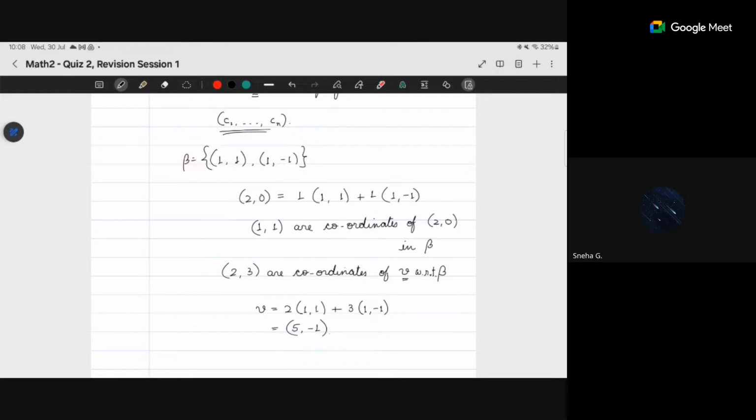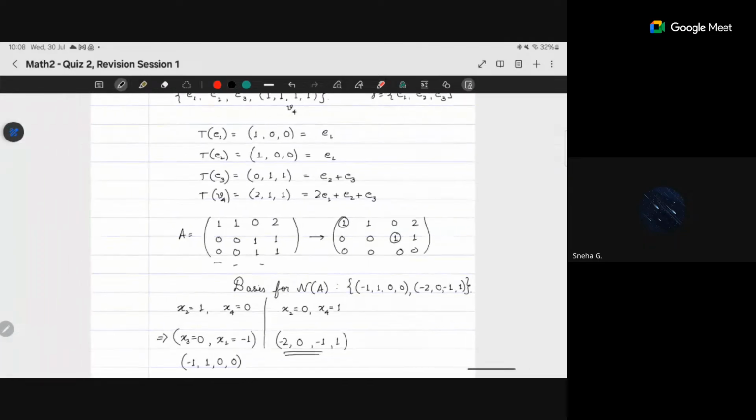So given a vector, how do you express it in terms of a basis is one side of the thing. And the reverse is given the coefficients, how do you get the vector back? That is the easier part actually. You just write this times the first vector, this times the second vector, and you will get the vector whose coefficients are these.